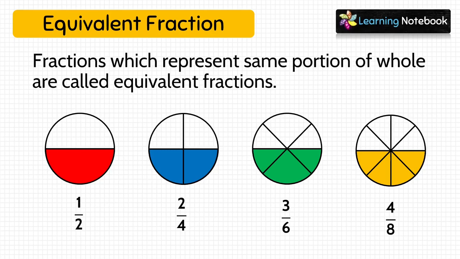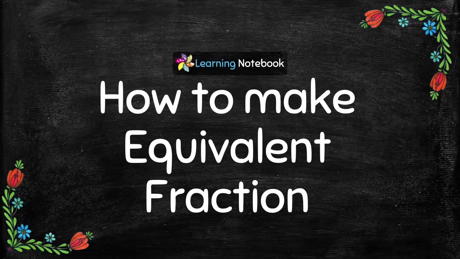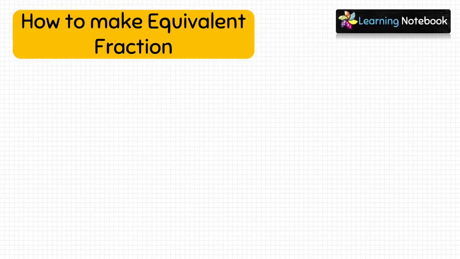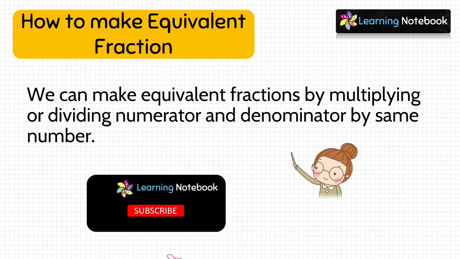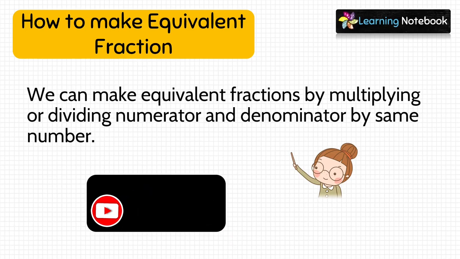Such fractions are called equivalent fractions. Now we will learn how to make equivalent fraction. We can make equivalent fractions by multiplying or dividing numerator and denominator by same number.